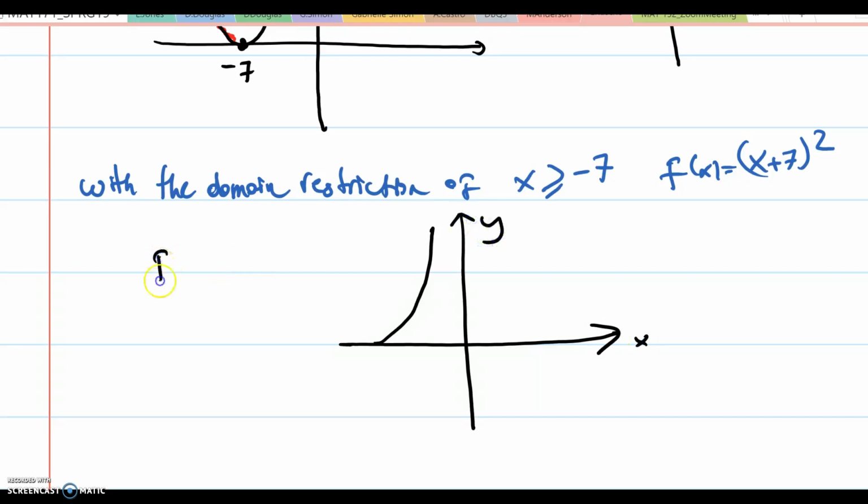So this is my f of x, (x plus 7) squared, and x is greater than or equal to -7. This is -7.